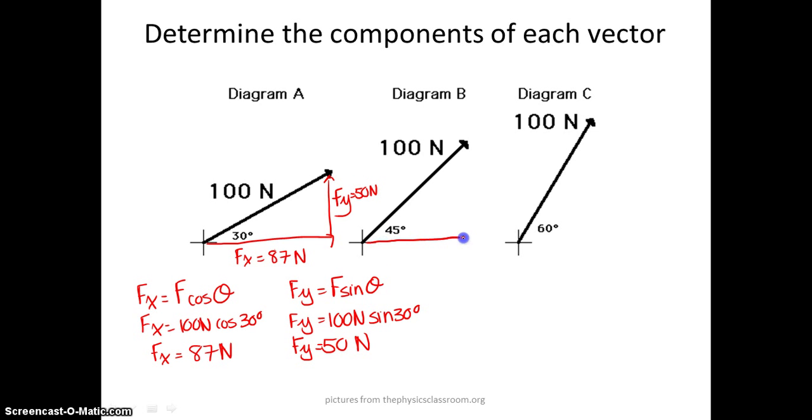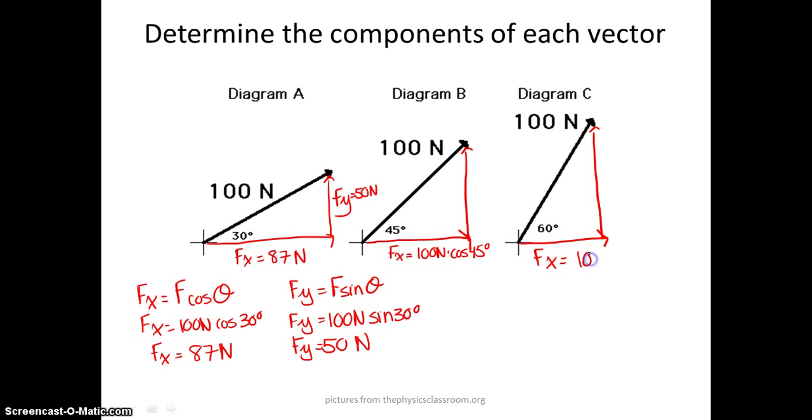And now I can do the same thing for the 100 Newton vector at a 45 degree angle. And I can repeat that same process for the 100 Newton vector at a 60 degree angle. We can use the same math model to find the x and y components for diagram B and for diagram C. So I've started you off here for B, again using that same math model, F cosine theta for your x component.